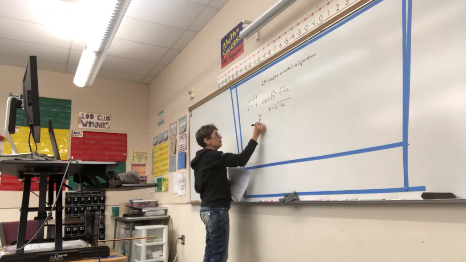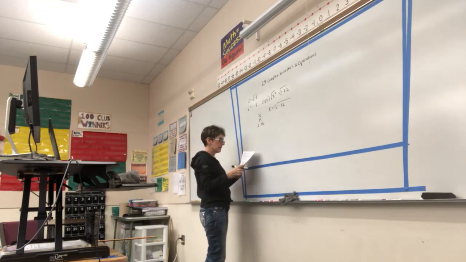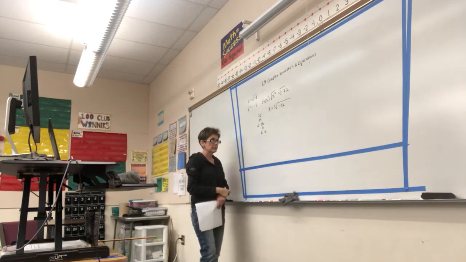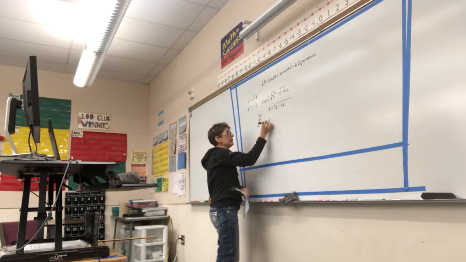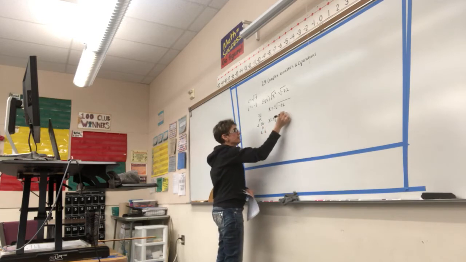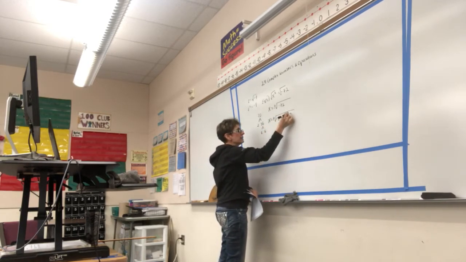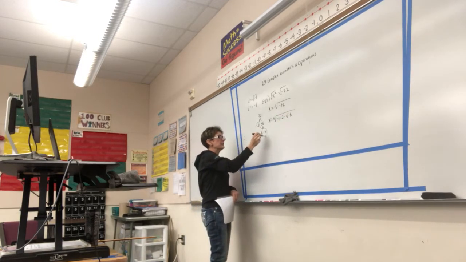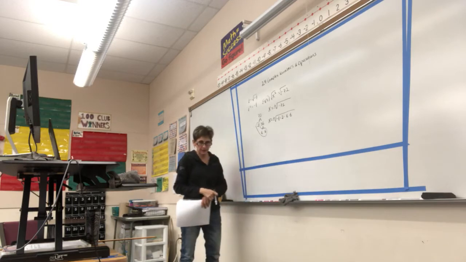So 72 can be written as 2 times 36, and 36 is a perfect pair, which is 6 times 6. So I can rewrite this radical as negative 1 times 2 times 6 times 6, because if I multiply 2 times 6 times 6, I do get 72.